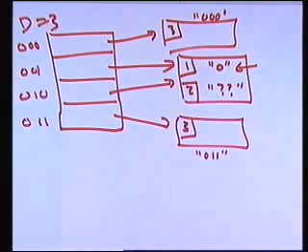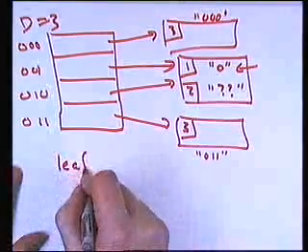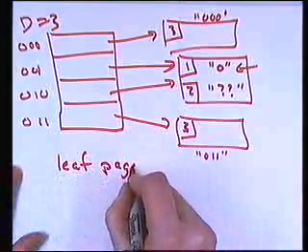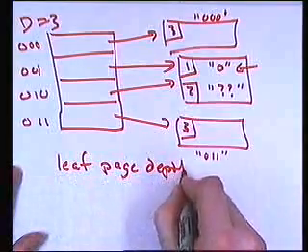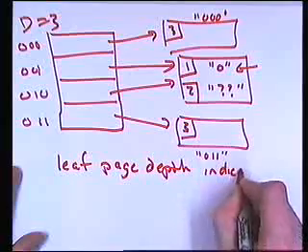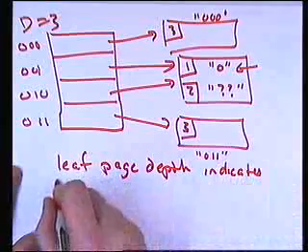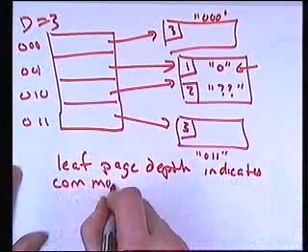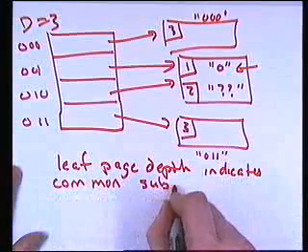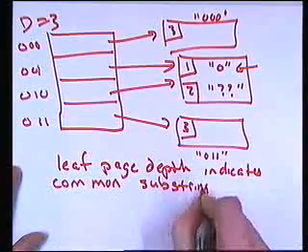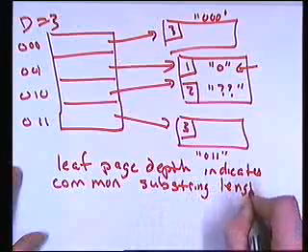The leaf page contains, let me actually write this down. Leaf page depth indicates common substring length.